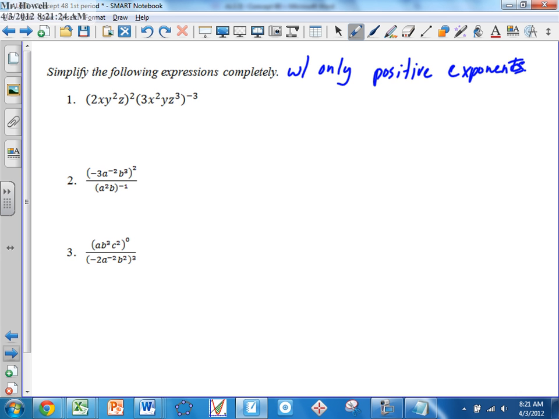I want to say 6x to the 4th y to the 3rd. I don't know what to do with that negative 3.